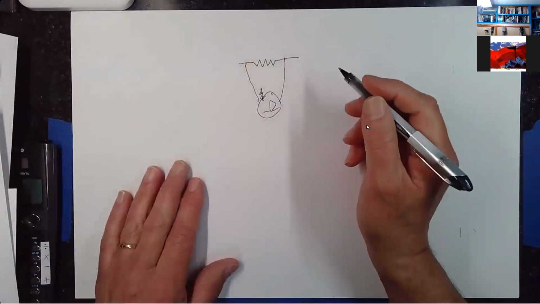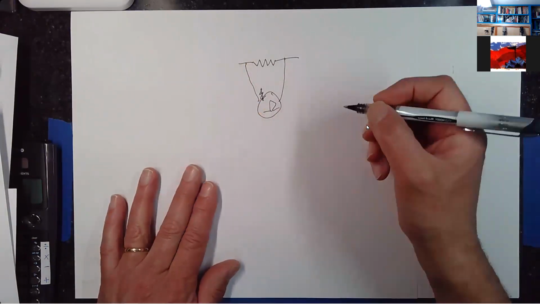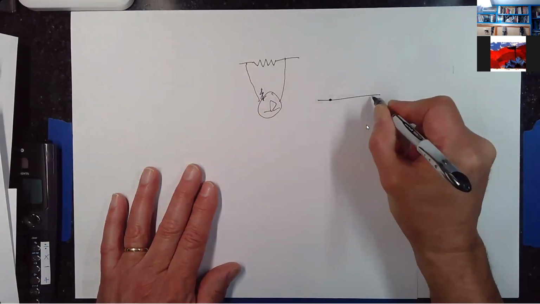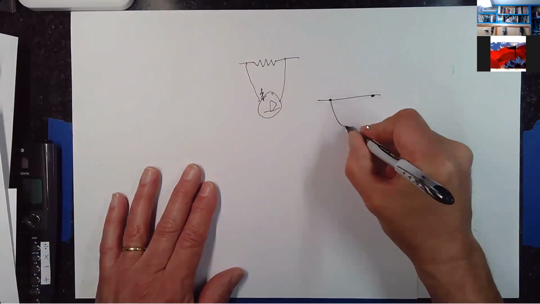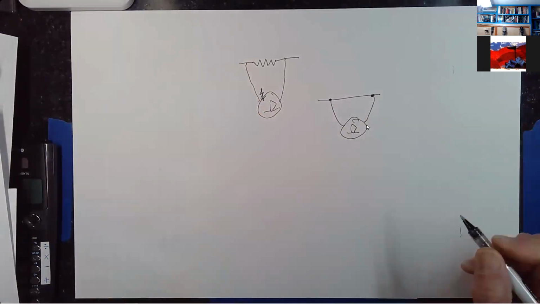Now, if you were measuring the resistance of just a piece of wire, we would just have a symbol that looked like that, and you'd be doing something like this.